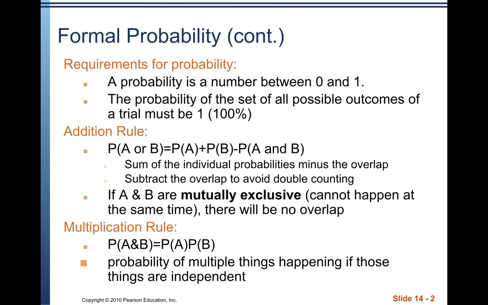The classic example I give is with coin flips. Coin flips are independent of each other. If I flip a coin 5 times, the result of the first flip is not going to affect the result of the second flip or the third flip, etc. So this multiplication rule works for independent things.